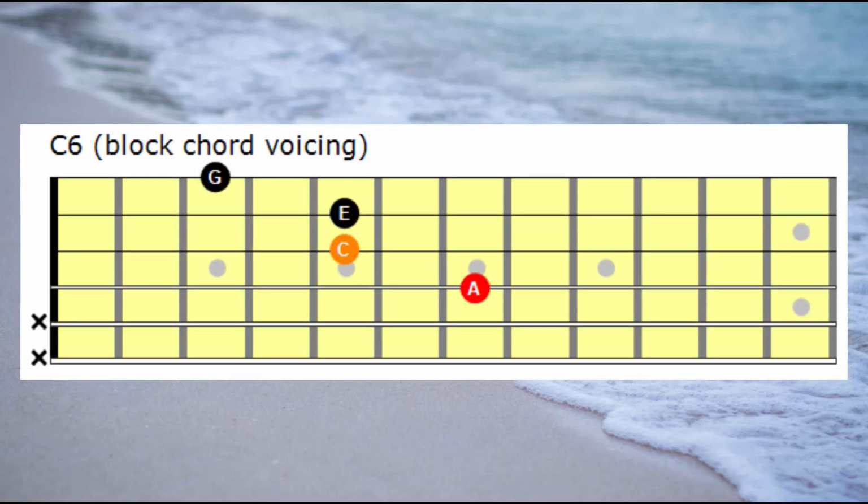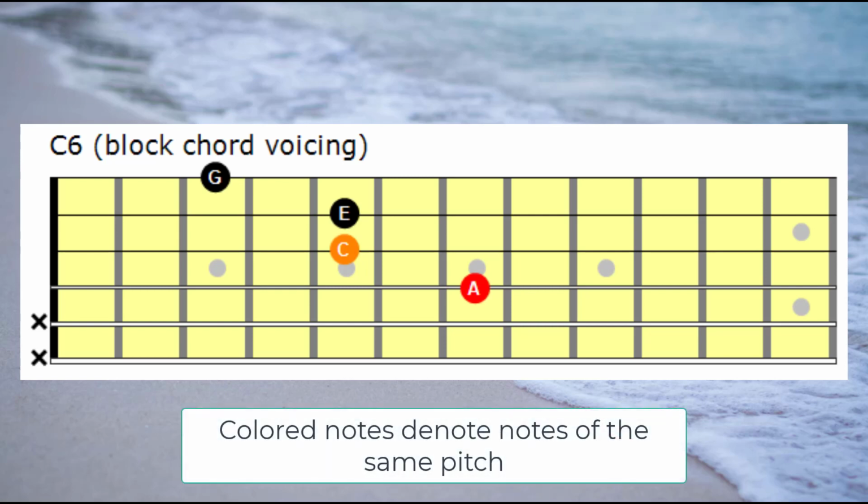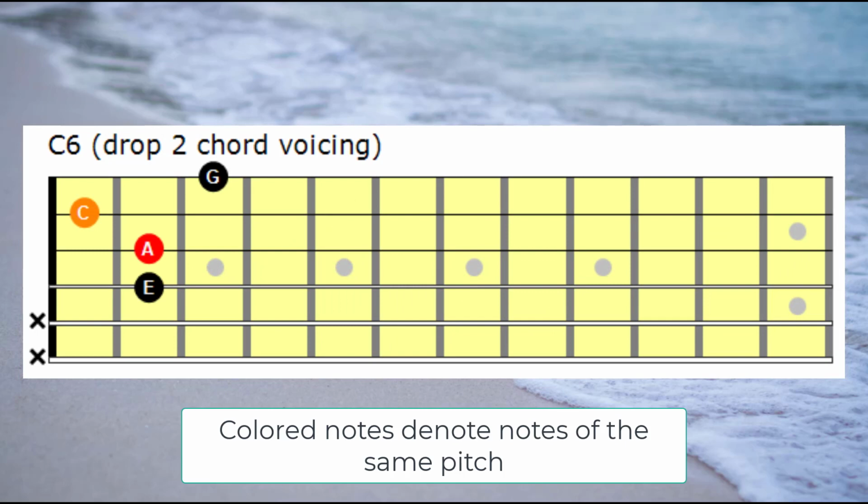And that's what I'm going to do here. I'm going to take our block chord voicing for the C6. And now I'm just going to move the second note from the top down an octave, and then it will look like this on the guitar, this new voicing. So that's my drop 2 voicing for C6.